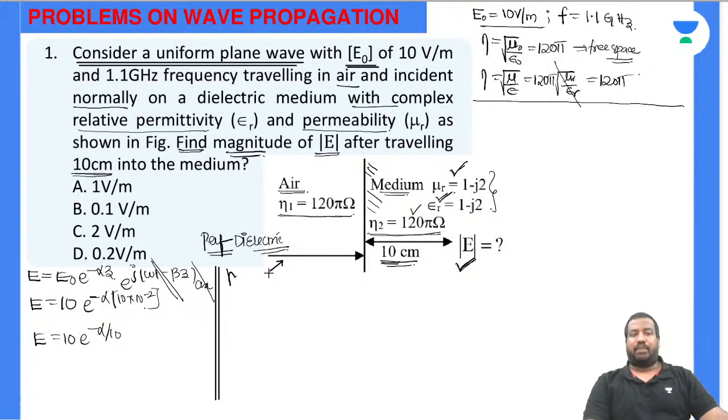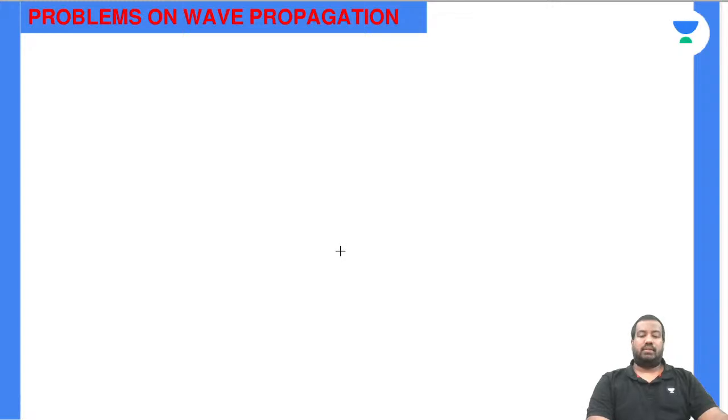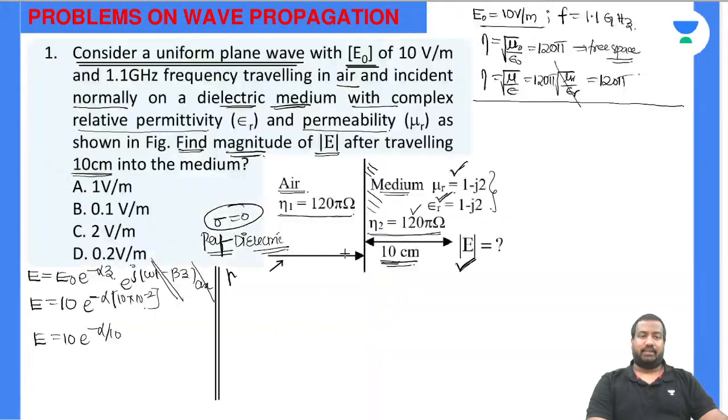Why do you consider the dielectric medium as a perfect dielectric? Sigma value is not given. So, as sigma is 0 and it is not free space, it must be a perfect dielectric, because epsilon r is greater than 1 and mu r is greater than 1. So it must be a perfect dielectric.